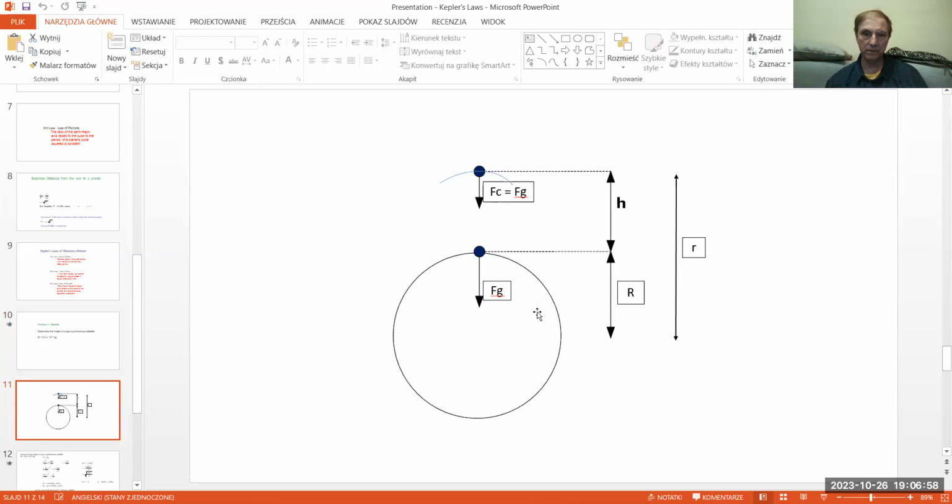Here is the Earth, this big ball, and here is the position of the satellite. Uppercase R stands for the Earth's radius, H stands for the height above the Earth's surface for the satellite, and lowercase r is the sum of the Earth's radius and the height of the satellite.